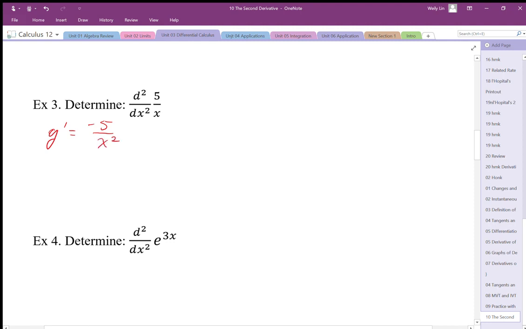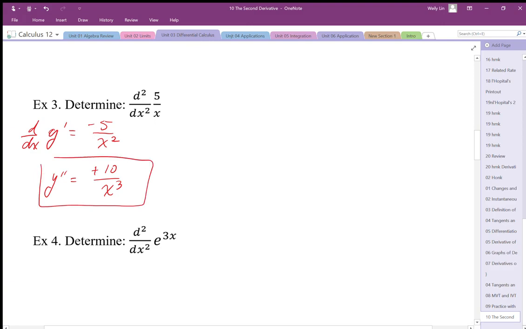And then if I want the second change of that, basically I'm going to differentiate y prime. So the second change is going to be negative 10 over, sorry, it's going to be positive 10 because it's going to be negative 2 times negative 5, so positive 10 over x cubed, and there is my second derivative.